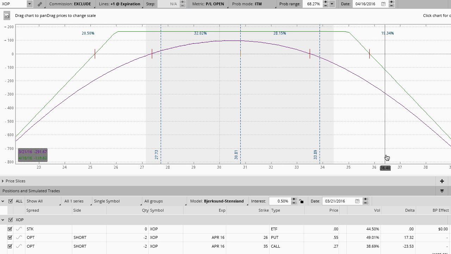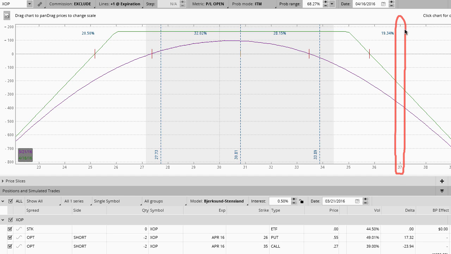Now, let's say, for example, that the stock actually closed up around $37. This is where you can see where your risk is. So let's assume that the stock closes at expiration up around $37.